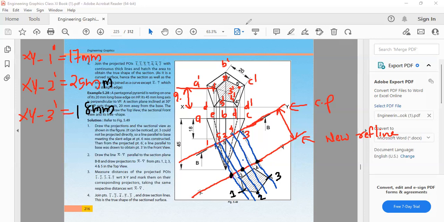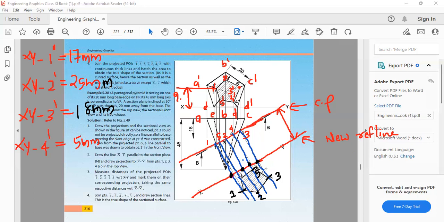Then next point, XY line to 4 dash. What is the value? 5. So with this point as center, cut here.